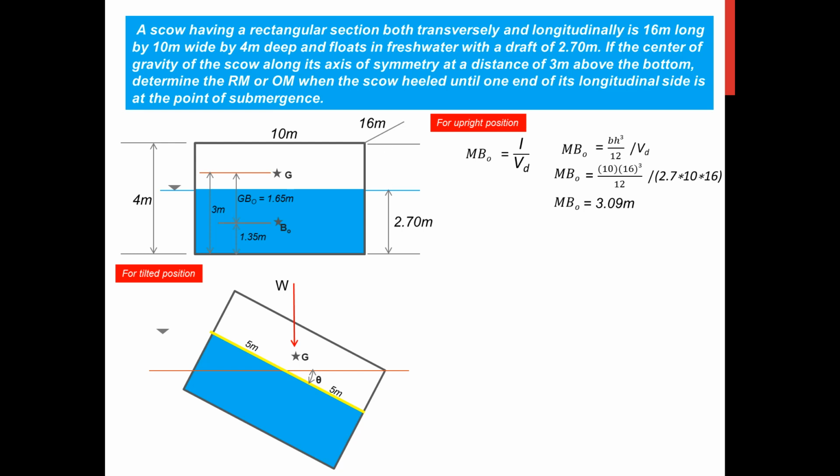And then we need this dimension, that is 4 minus the draft of 2.7, that is 1.3 meters, and it becomes part of your right triangle here. So we can get the angle of tilt by the function of tangent equal to 1.3 all over 5. Hence theta is equal to 14.57 degrees.